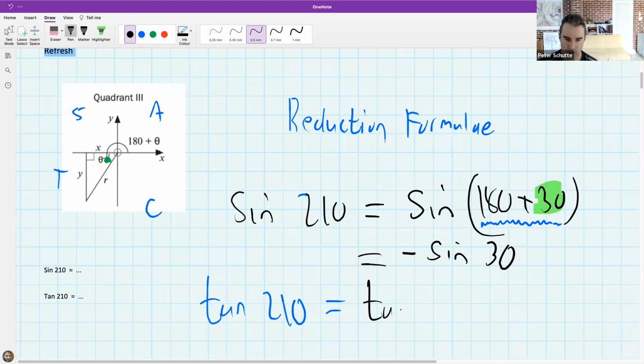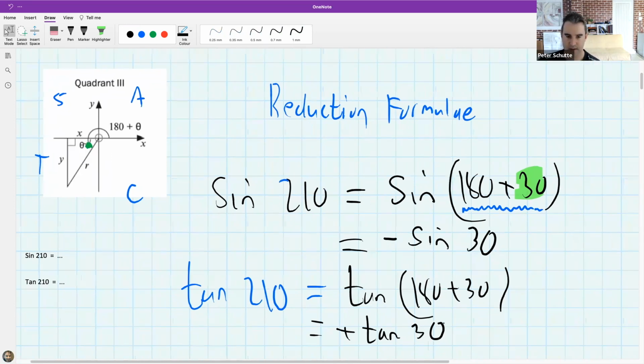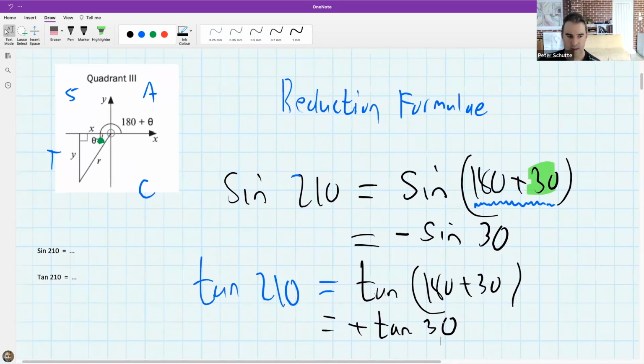So if we imagine this as tan, you should get plus tan 30. Now, this is absolutely perfect.